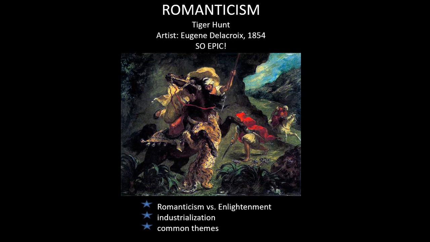Now, Romanticism, this is actually a literary genre. This is the origins of Romanticism, a literary genre, not necessarily art. What happens is we have the literary genre, and that inspires visual art that correlates thematically.